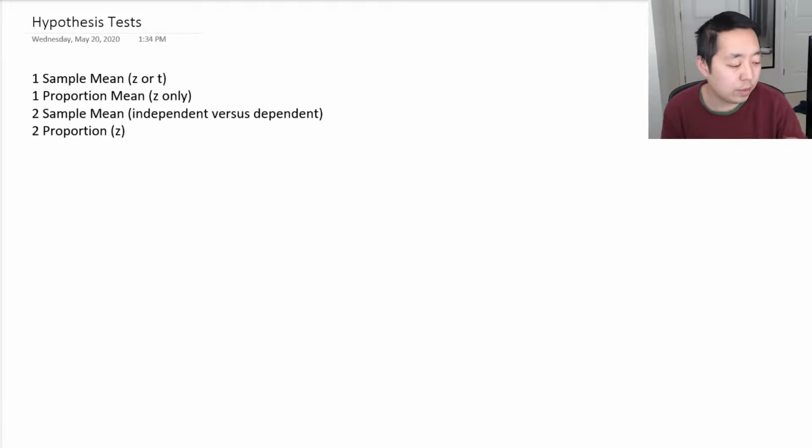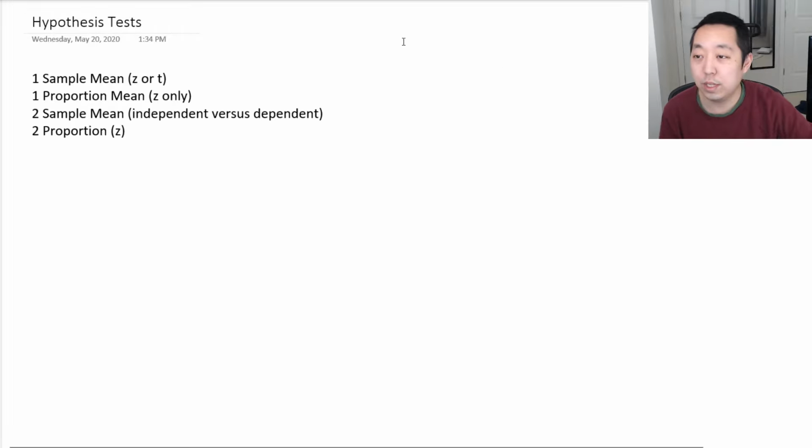The way I decide what test to do is really the kind of sampling that you're doing in the experiment. You either have one sample mean, one proportion, or you have two means or two proportions. That's really only the four categories, because you don't have chi-square tests this year.